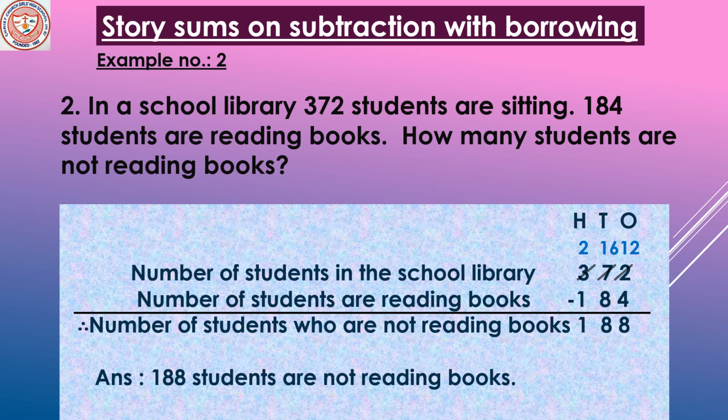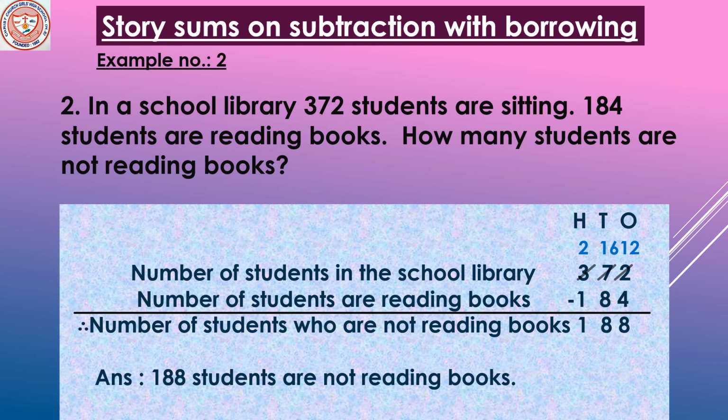After borrowing 1 ten from the tens column, 2 ones become 12 ones because 1 ten is equal to 10 ones. So 10 ones plus 2 ones is equal to 12 ones. So now subtract 4 ones from 12 ones. It means 12 ones minus 4 ones is equal to 8 ones. So write 8 in the ones column.